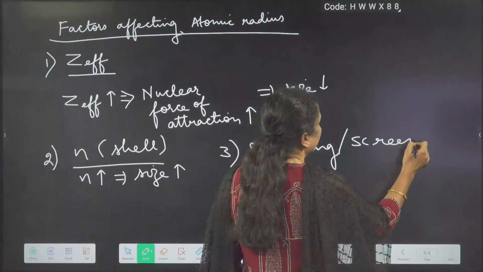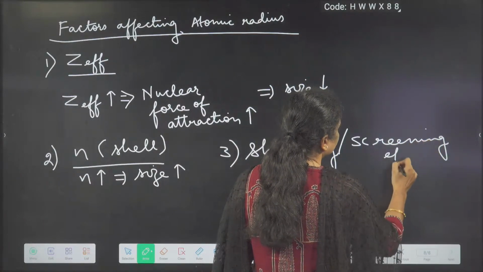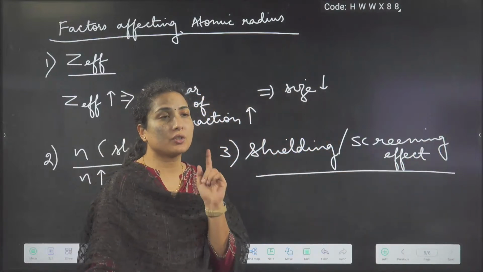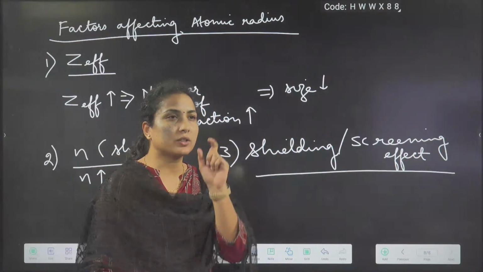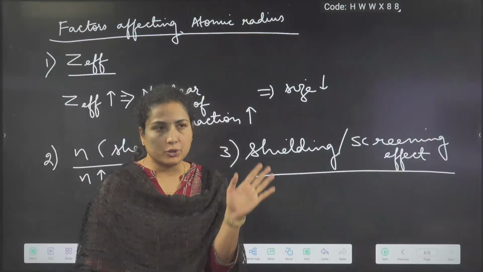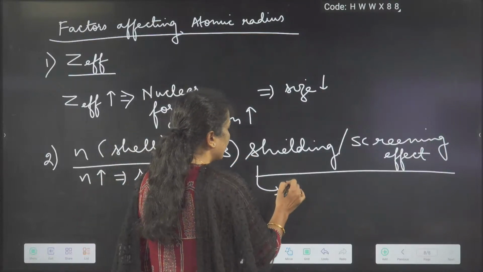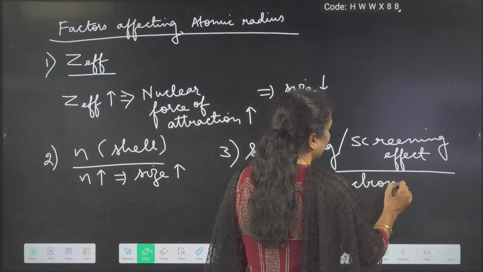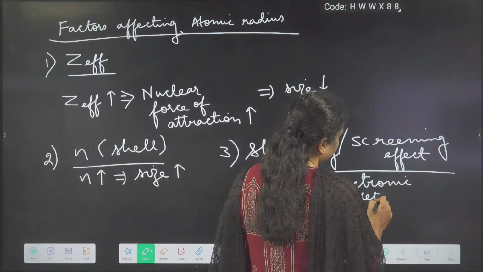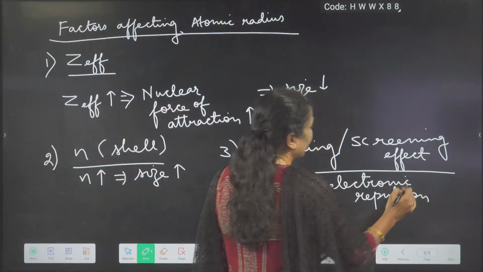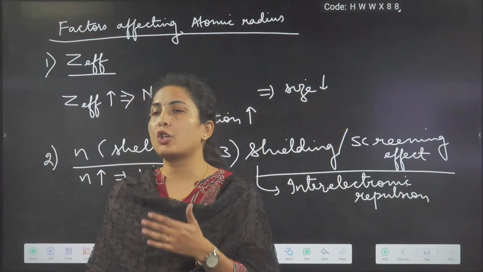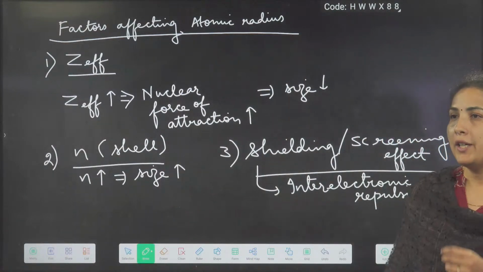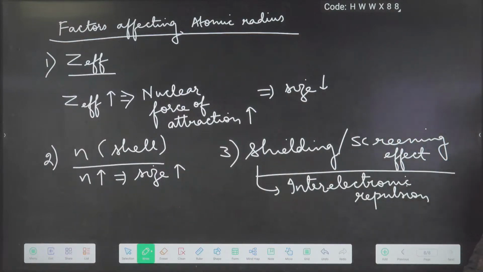shielding or screening effect. And simply when I say this word, one thing should strike in your brain, that shielding effect or screening effect is inter-electronic repulsion. Nothing more than that. So I have to ask directly, if inter-electronic repulsion increases, what happens to the size?